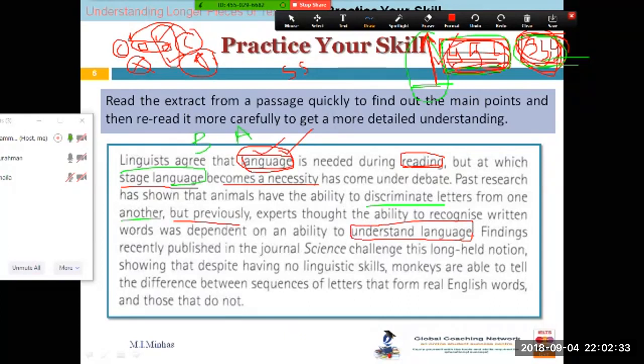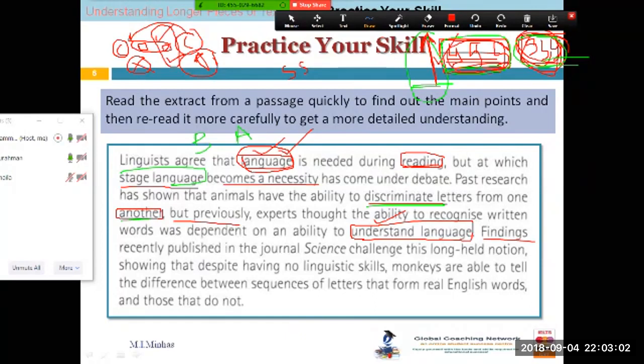Researchers only thought that animals can discriminate between different letters, but if we want animals to recognize written words, then they must know the language as well.